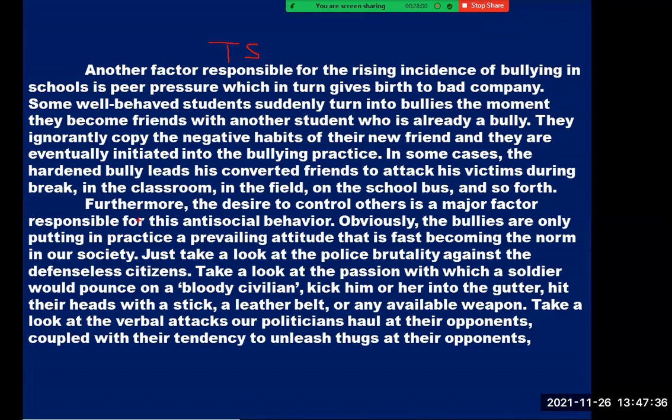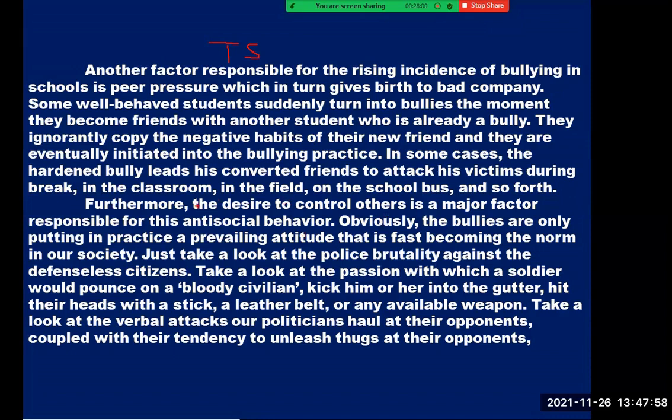Then the next paragraph, which is our third factor or cause of bullying in school. Furthermore, the desire to control others is a major factor responsible for this antisocial behavior. You see, the desire to control others.